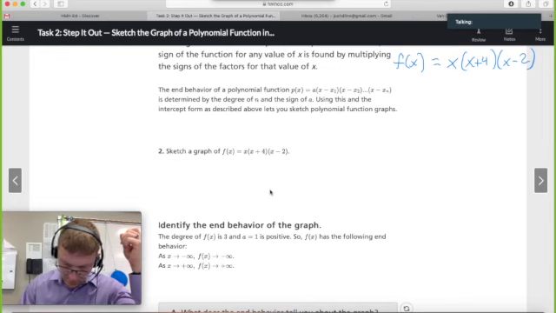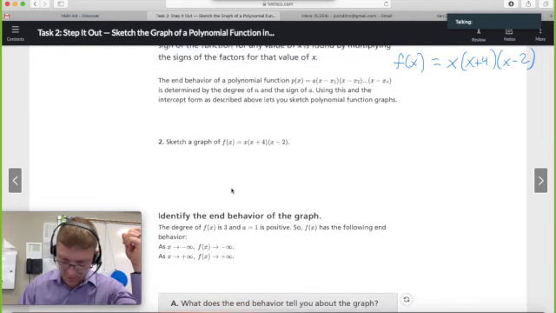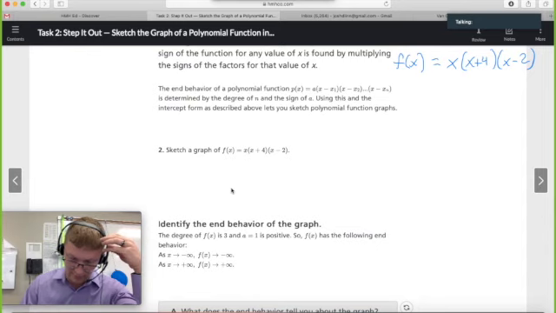So as we move down, the first step is to figure out the end behaviors. The degree of the polynomial is 3 because there's 1, 2, 3 x's. So the parent function would be our x cubed, and remember that is something like this.